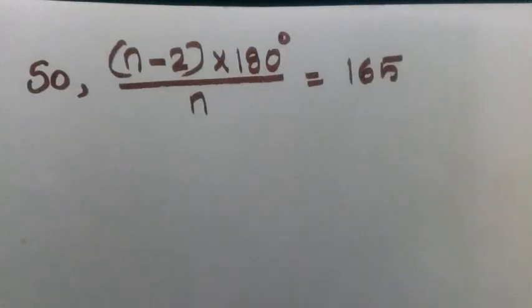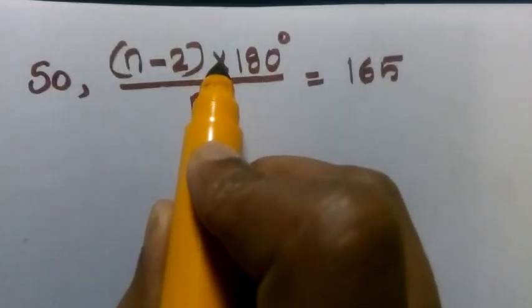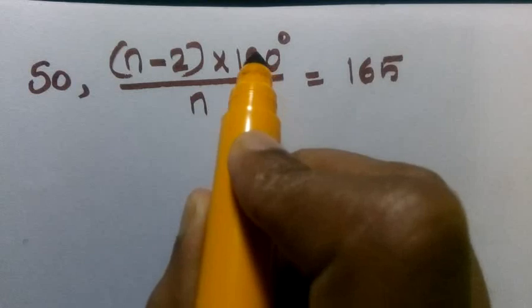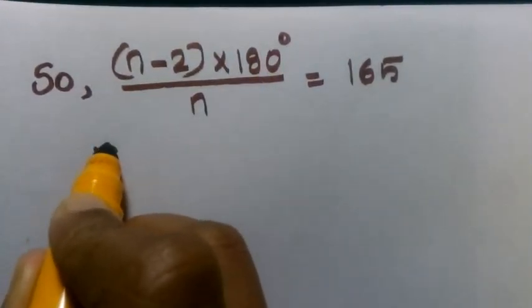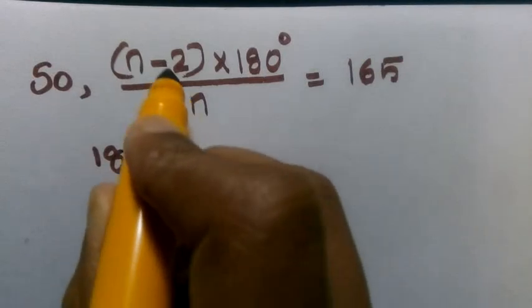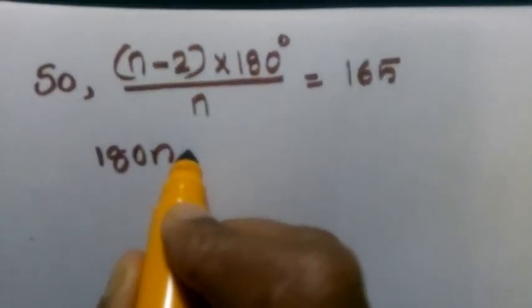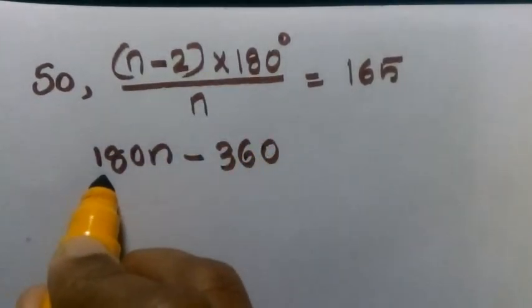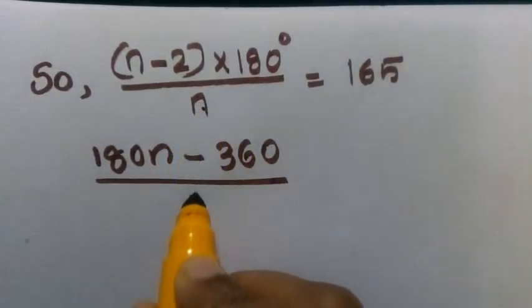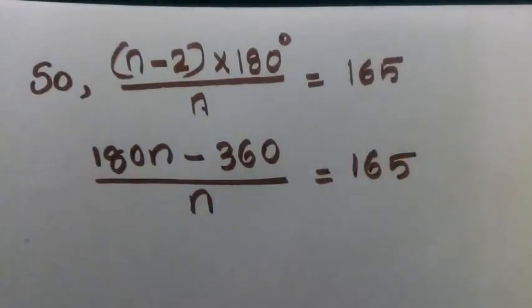Next, we need to apply the distributive property in the numerator of the LHS. So, 180 into n is 180n. 180 into minus 2 is minus 360, divided by n is equal to 165.